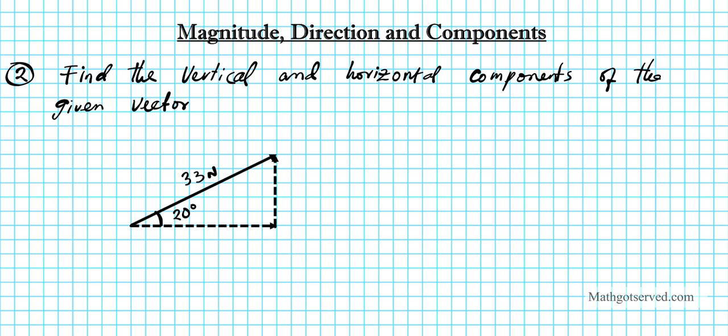So this will be vertical component, v of x. I'm going to call this v of x because I want to call this 33 Newton force vector v. Okay. So this will be the component of this 33 Newton force. Actually, the up and down is y.